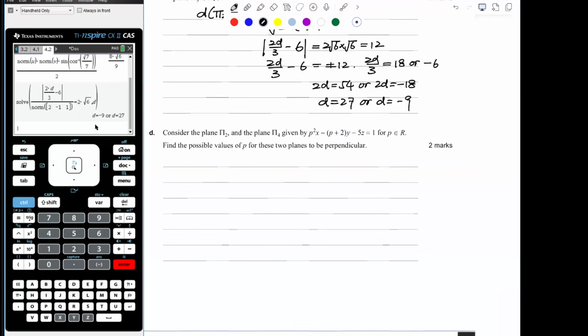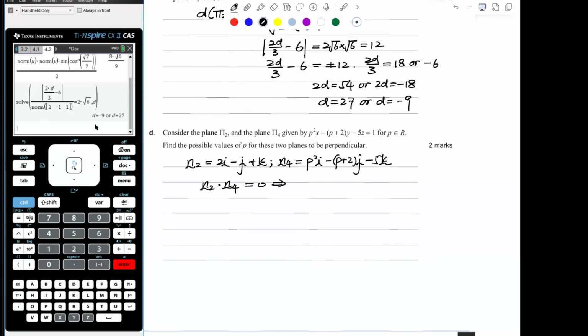Find the possible values of P for which the two planes are perpendicular. So N2 equals 2i minus j plus k, and N4 equals P squared i minus P plus 2 j minus 5k. If they are perpendicular, we will have N2 dot N4 equals 0.